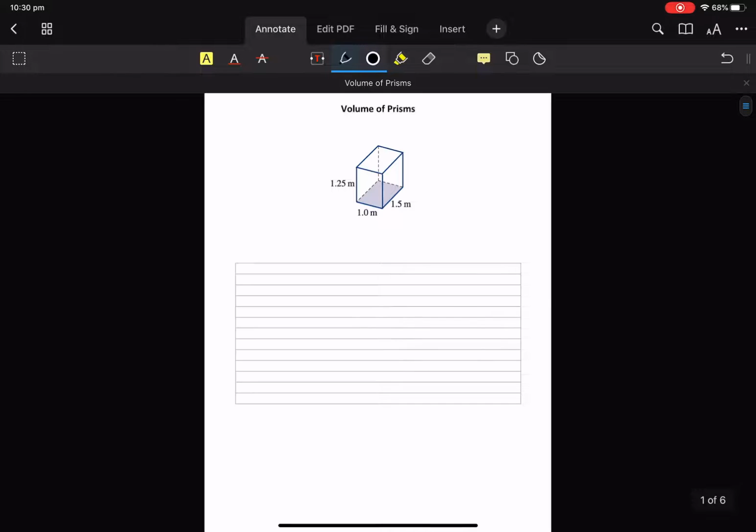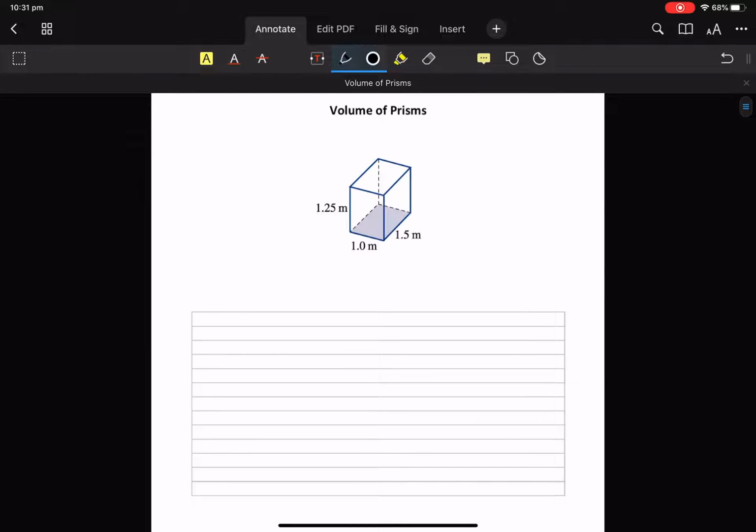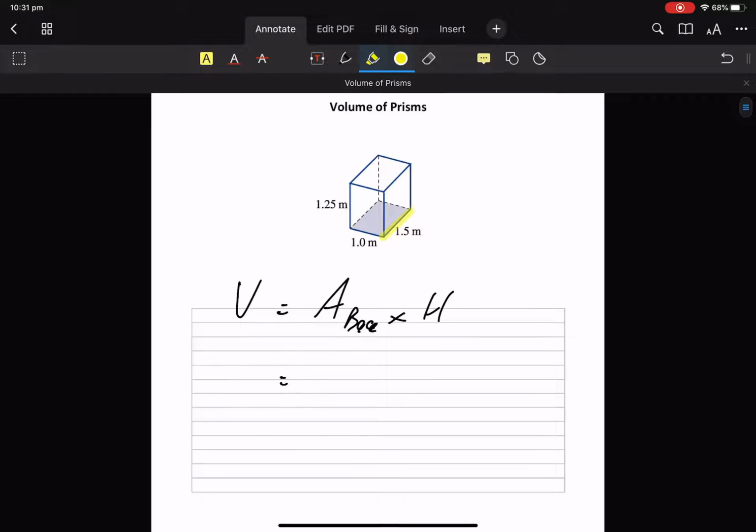Luckily, if you were geometrically challenged, we'll give you a rule. So the volume of a prism is, not area, is it? It's volume of a prism is the area of the base times the height. You can see there that this little diagram has already got the fact that it's a rectangular base.